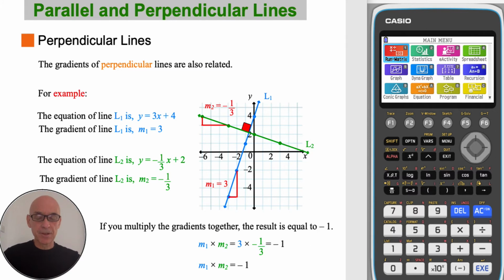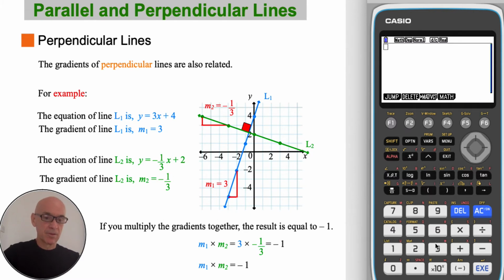If you multiply the gradients together, the result is equal to negative 1. Just to confirm that, in the calculator, 3 multiplied by negative 1/3 is equal to negative 1. So m1 multiplied by m2 is equal to negative 1.